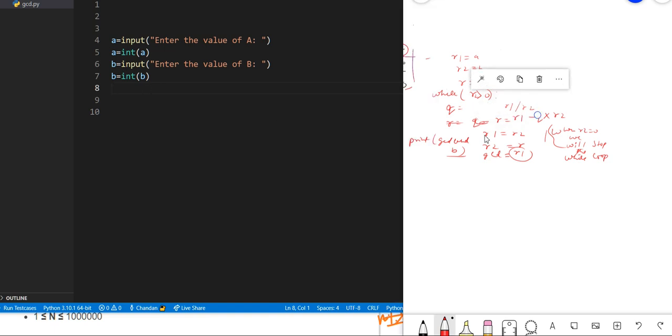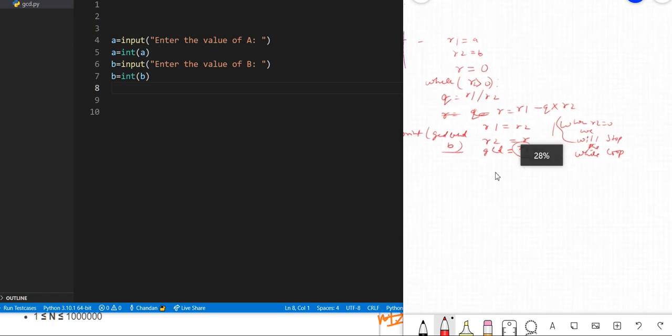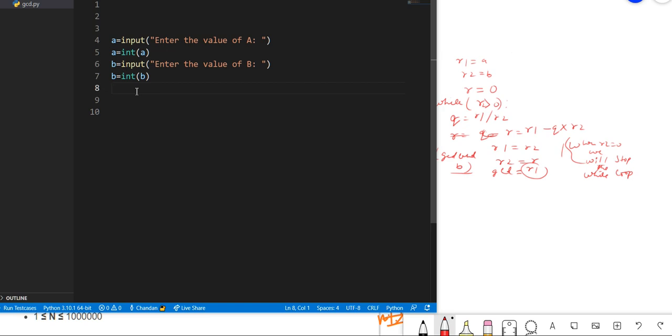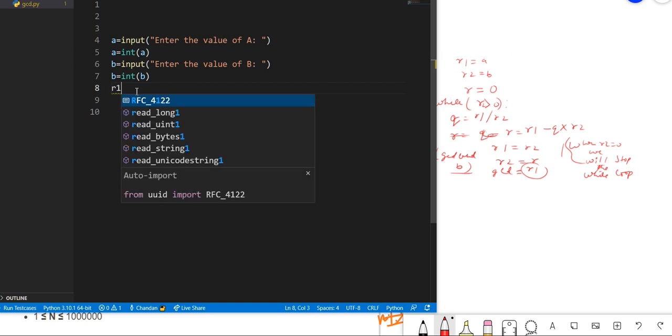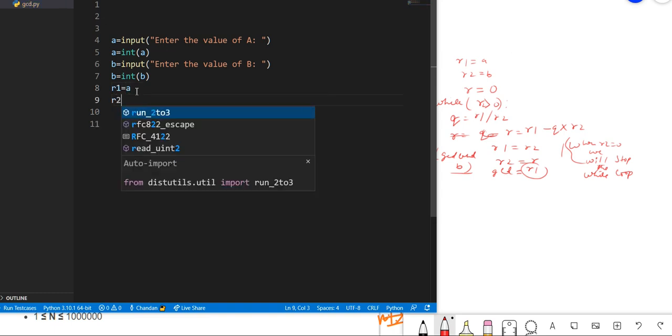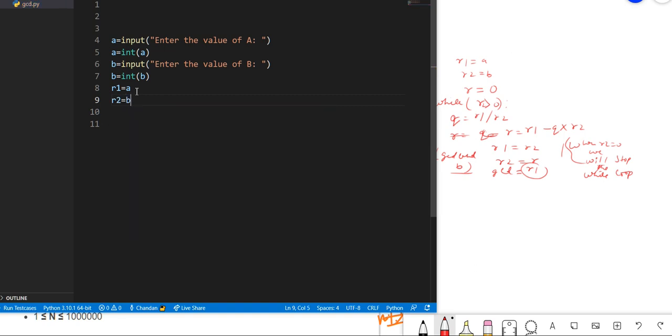Now the next step. Wait a second. Now write enter the value of a, enter the value of b. Then r1 equals a, okay, r2 equals b, okay. Now I will initialize r as 0.